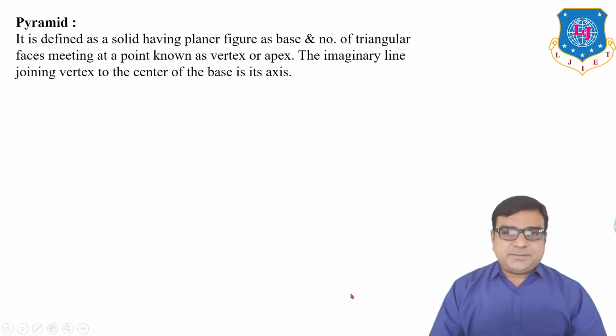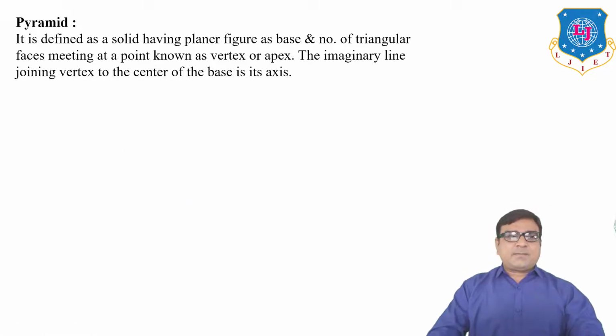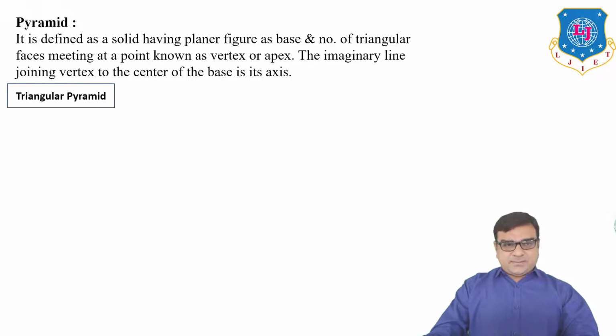Now what is pyramid? It is defined as a solid having planar figure as base and number of triangle faces meeting at a point known as vertex or apex. The imaginary line joining vertex to the center of base is known as axis.